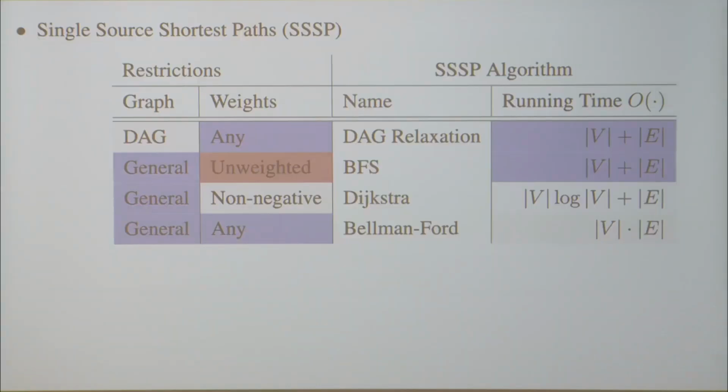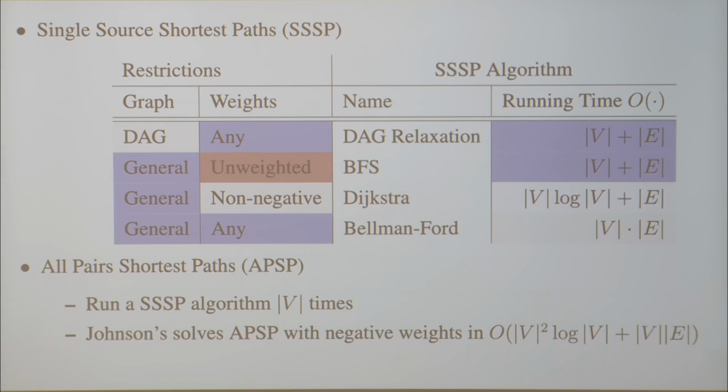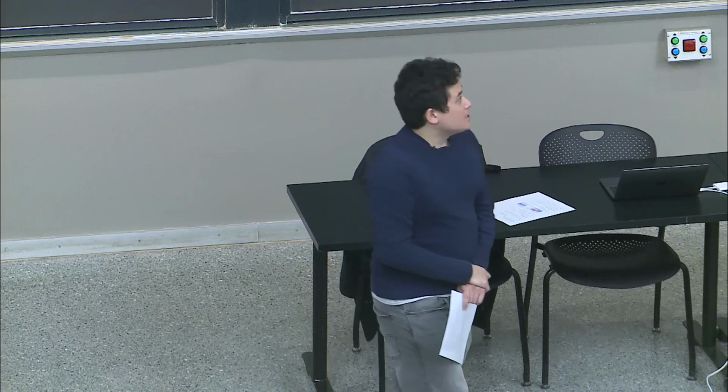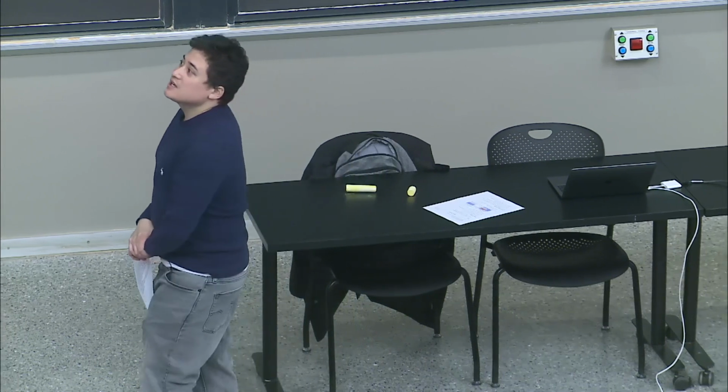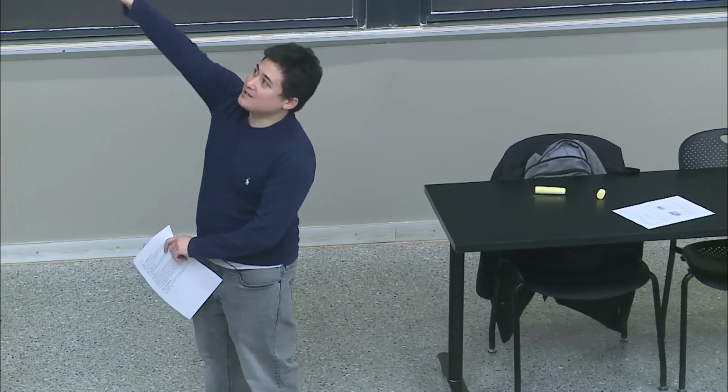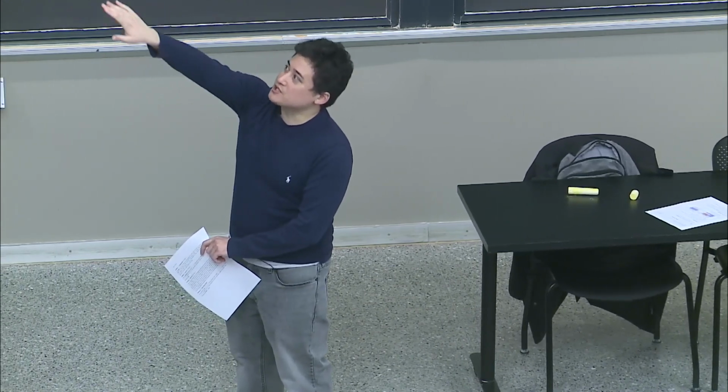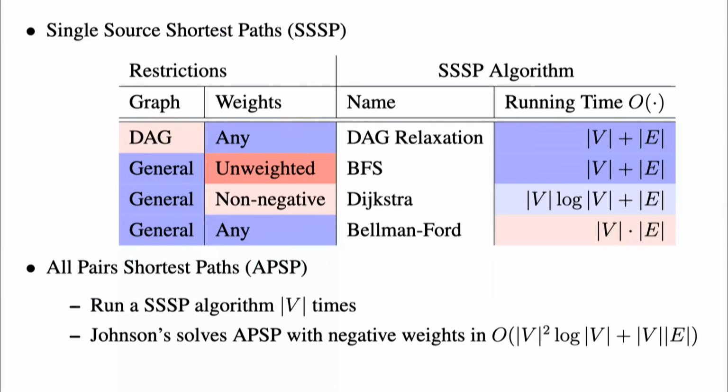And then in the last lecture we talked about all pairs shortest paths, and really running a single source shortest path from each vertex is pretty good in most circumstances. We don't know how to do a lot better for a lot of these. And then Johnson gives us, basically in this last line of our graph restrictions and weight restrictions, where Bellman-Ford is right there, we can actually get a speed up over V times Bellman-Ford by two tricks.